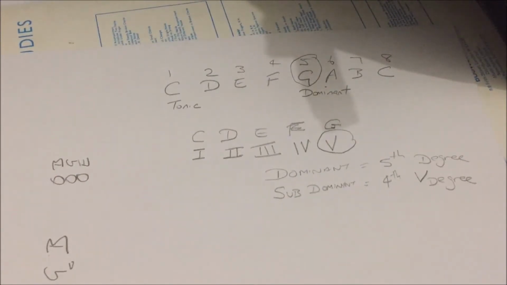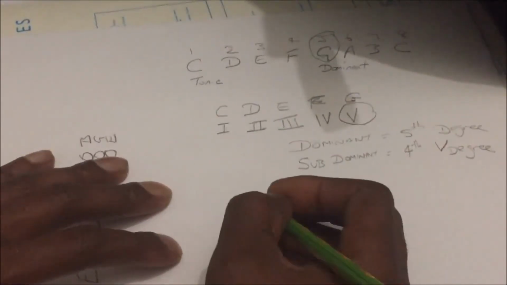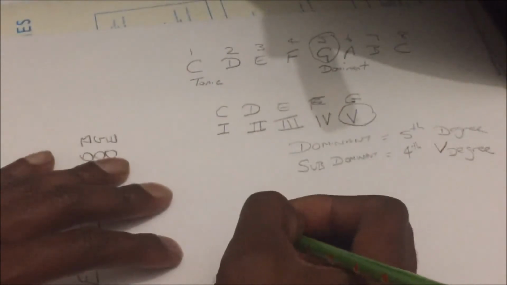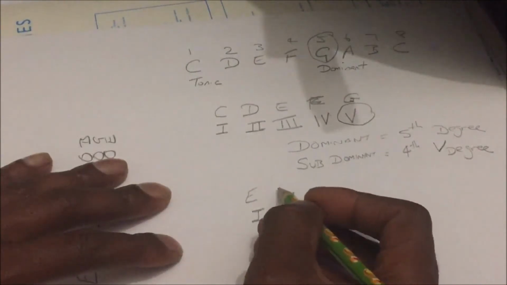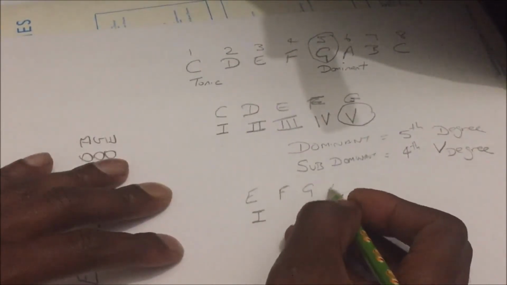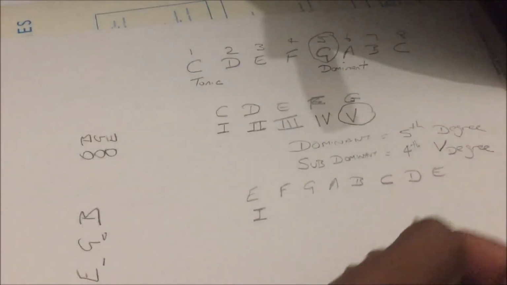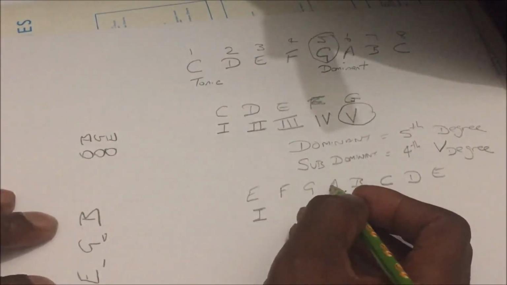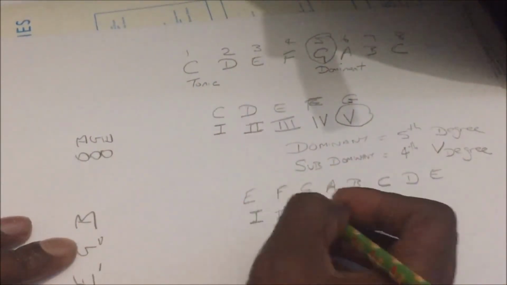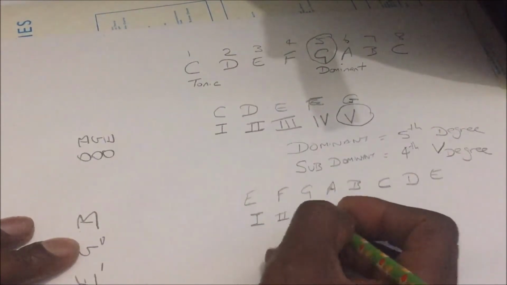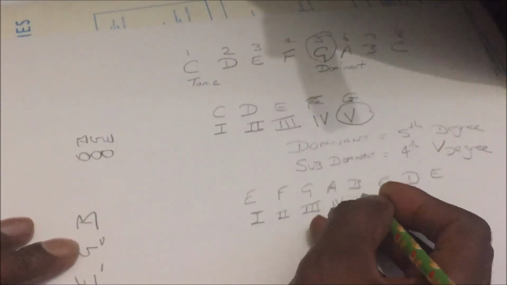In E major, what is the dominant? The tonic in E major is E, the tonic. F sharp, G sharp, A, B, C sharp, D sharp, E. The tonic is E, the dominant: 1, 2, 3, 4, 5.